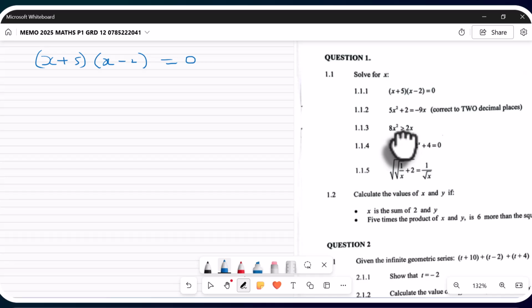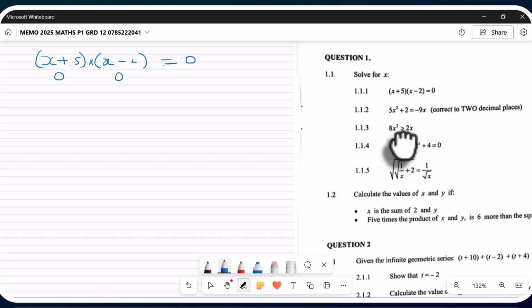Because this is 0, we are going to use the zero factor rule, or the zero product rule. If you multiply any number times 0, you get 0. So if x plus 5 is 0 and I multiply by x minus 2, I get 0, or if x minus 2 is 0 and I multiply by x plus 5, I get 0.